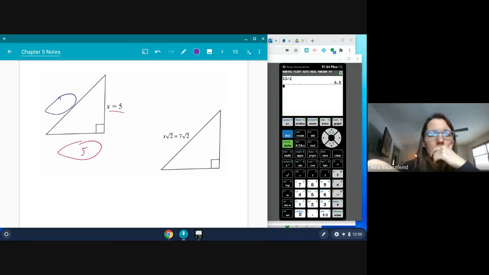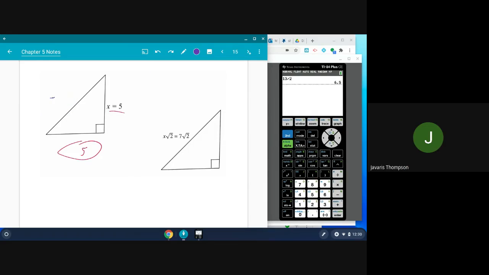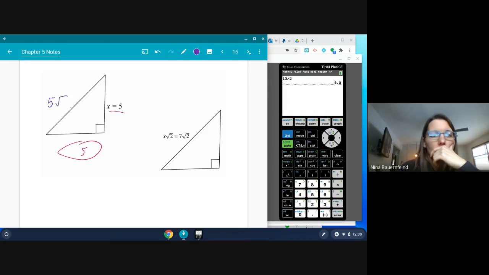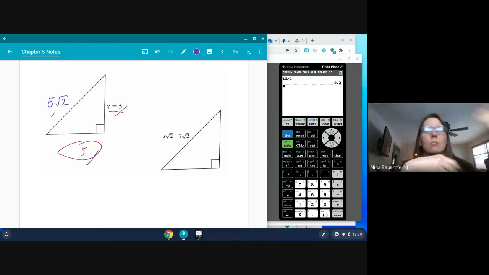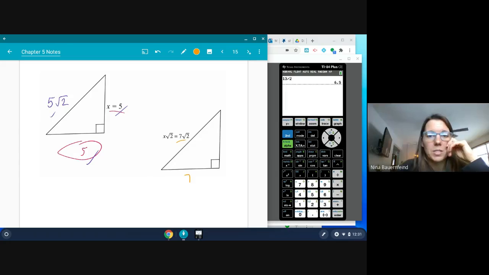This one. 5 square root 2. It's 5, 5, 5 root 2. They just match. So this one, we have this ugly thing to start with, which means we're going to create some pretty ones. So what is x? Seven. Yep, so that means this side 7 and this side 7.